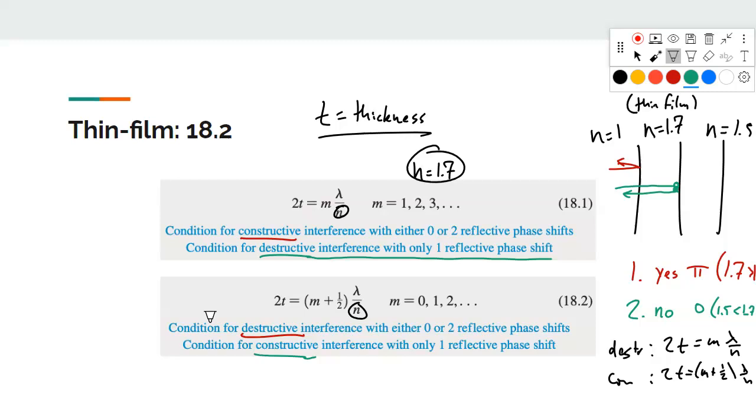But the green line, the one that goes through the thin film and comes back, doesn't have a phase shift. So it has a phase shift of 0. That's because the material behind the thin film has an index of refraction that's lower. So 1.5 is less than 1.7, and we don't have a phase shift on that reflection.